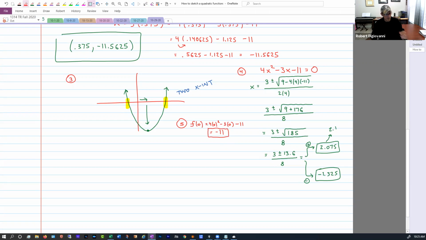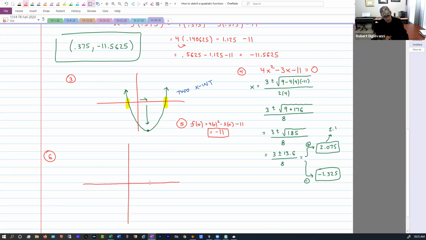And we're ready for step 6, which is to draw this. So the way I draw this is kind of what I hope you'll do. You look at everything first. You're like, okay, my x-intercepts are at 2 and negative 1, right? So as far as left and right, I need to make sure I can fit that onto my graph.